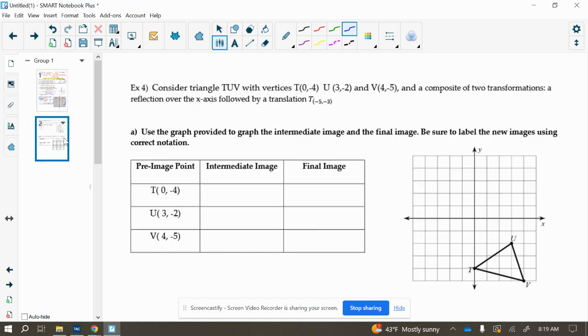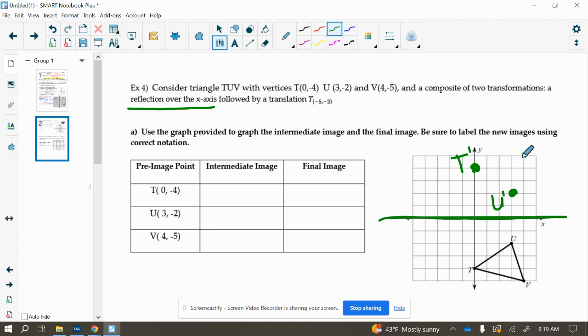On the next page, on the back page, we have another example. This time we are moving a whole triangle. We are starting with triangle TUV, and TUV is first being reflected across the x-axis. So here's our x-axis. And we are reflecting each of those points. T was 4 units below. T prime is now 4 units above. U was 2 units below.